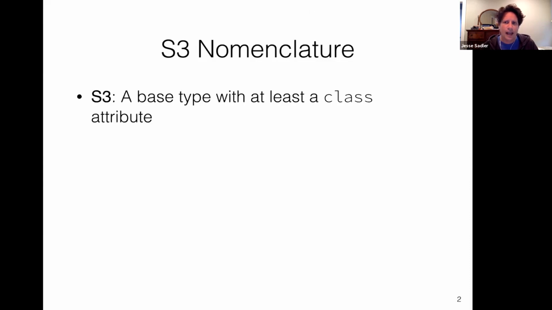So S3 vector classes in R are sort of the most basic vector class. And basically all you need is a base type with at least a class attribute. That's all you need to do. You don't need to do anything else.